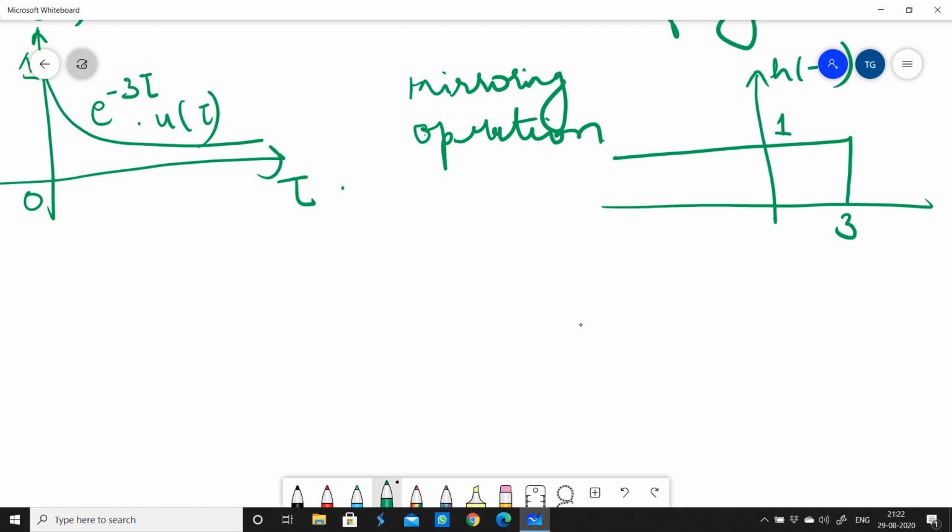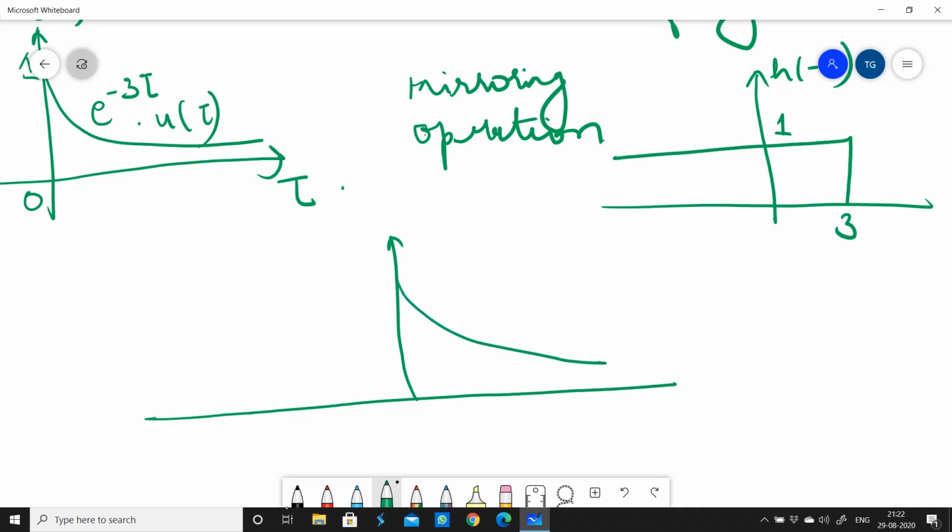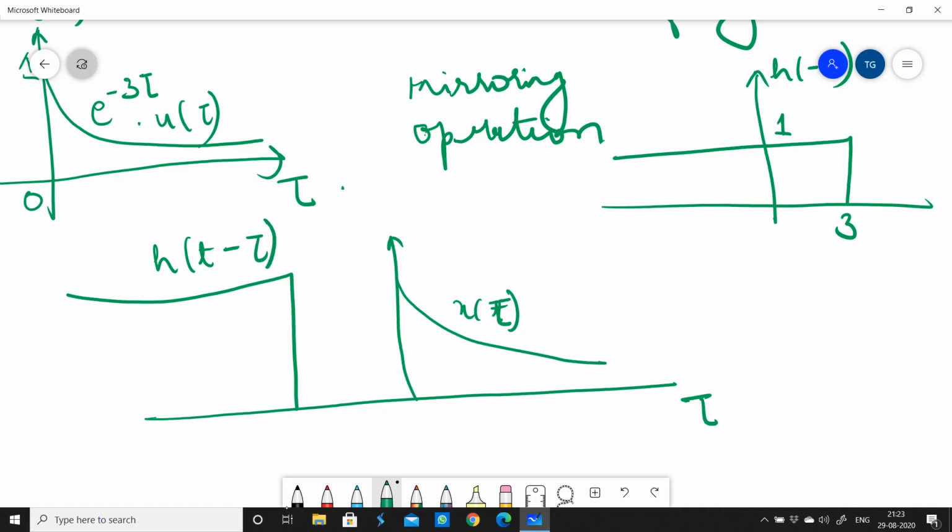Now on the same axis, if we draw these both things, these both are plotted on the same graph, then we can write it down as this is nothing but x of t, this is x of tau, and here when it is time shifted, then it will move towards this side, and this is h of t minus tau, and the two signals are x of tau and this is my y of tau.